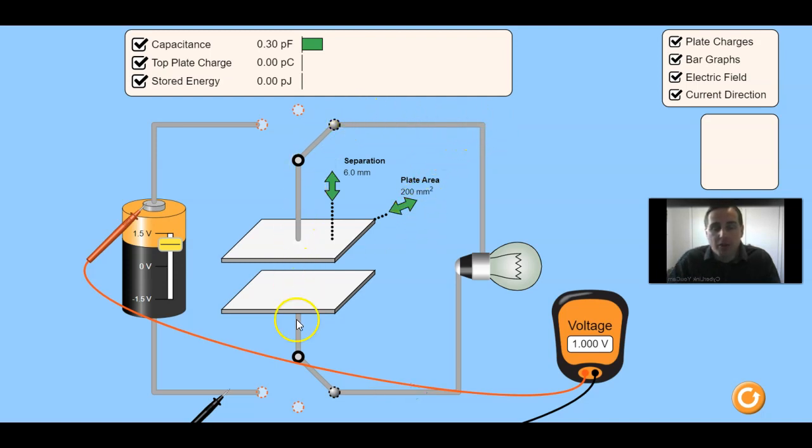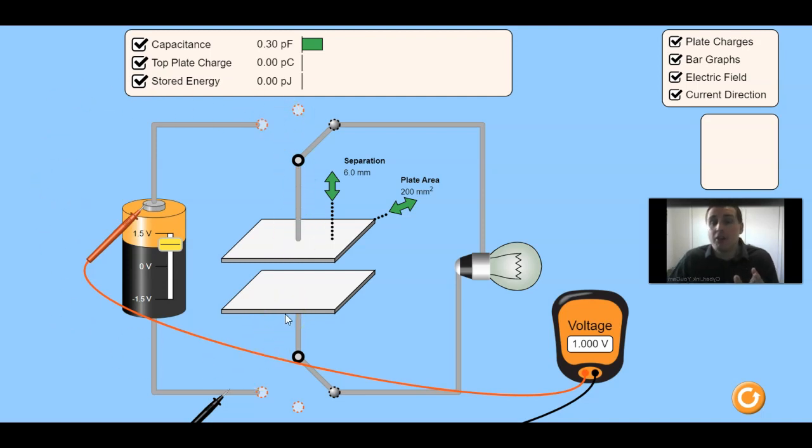Notice also the negative charges move counterclockwise in this circuit because they're moving from the negative plate of the capacitor to the positive plate of the capacitor, whereas they moved from the positive plate over to the negative plate when we charged it.